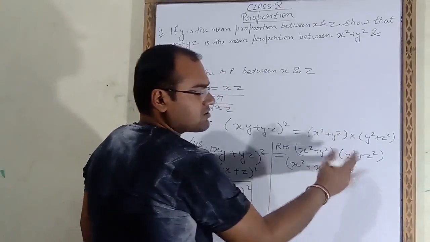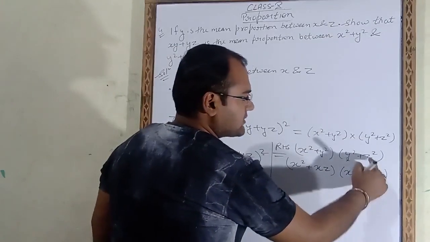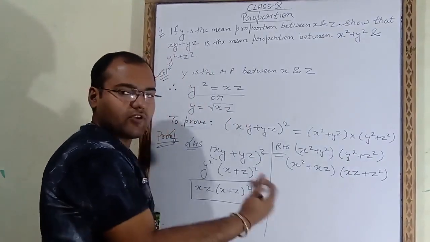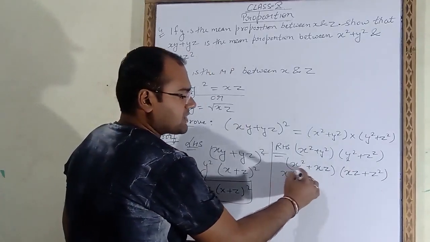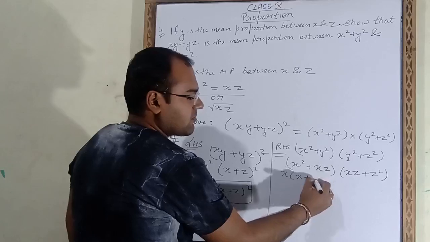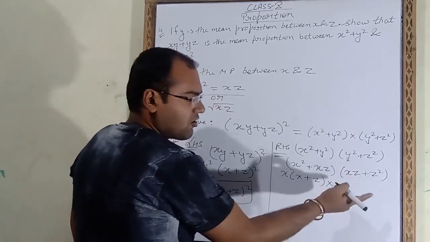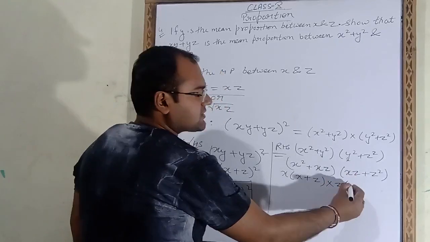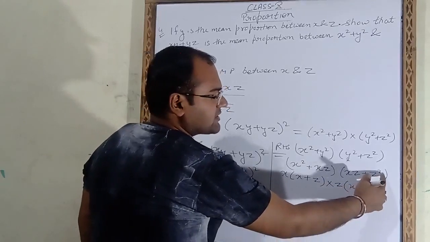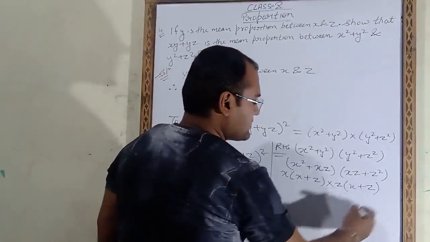So this y square also we will remove, and instead of y square we will take xz plus this z square will remain as it is. Now we have to take common. Out of these two, x will be common. So x plus x we will take common. So the remaining term will be z. Out of these numbers also we will take z common. So when we take z common, x will be there plus z square is there. X z we have taken common. So the remaining term will be z.